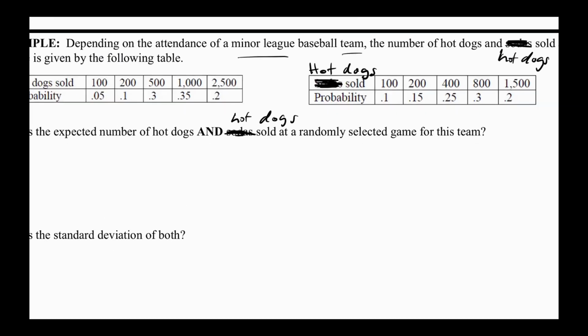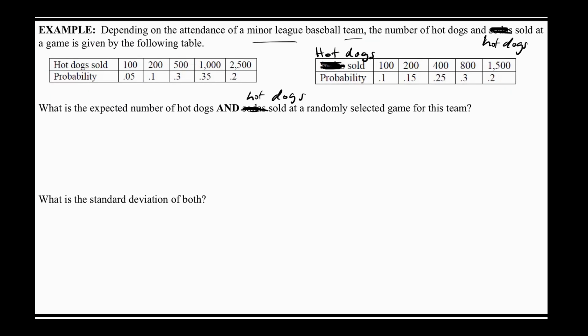I can't really combine the lists row by row. This one has 100 and this one has 100, this one has 200 and this one has 200, but then they start changing. So I can't combine the lists that way.